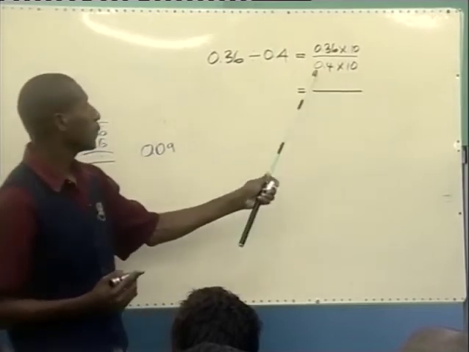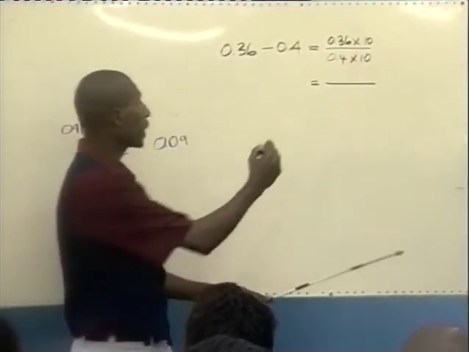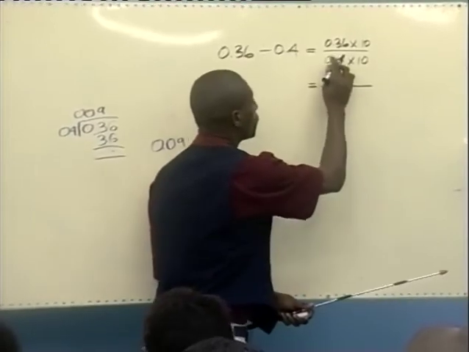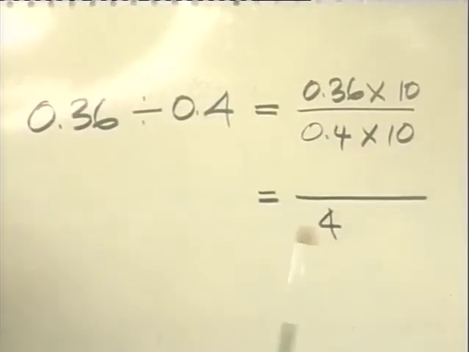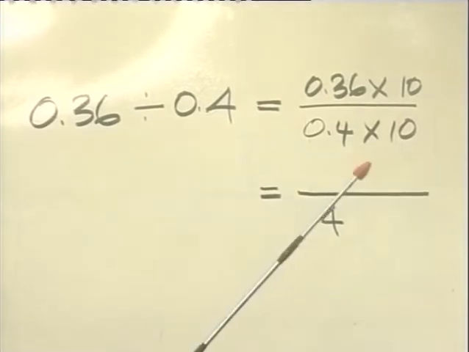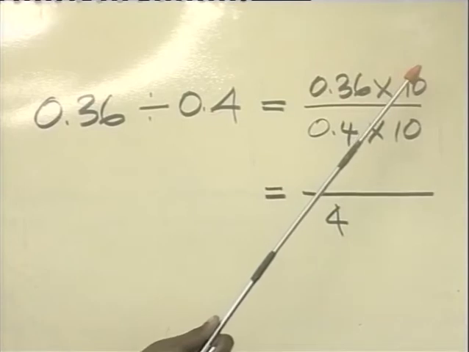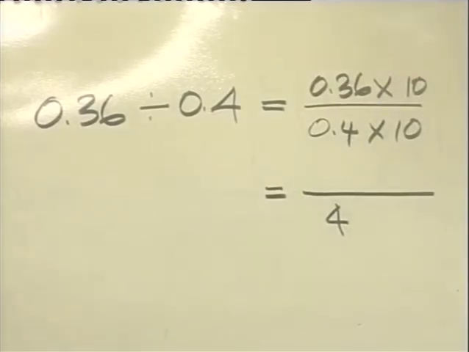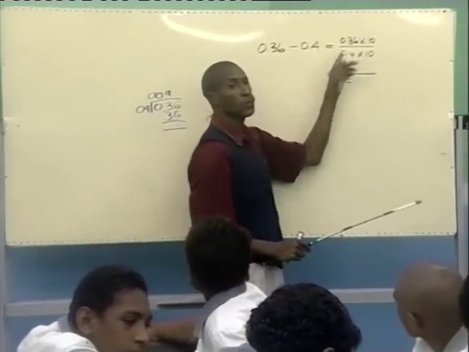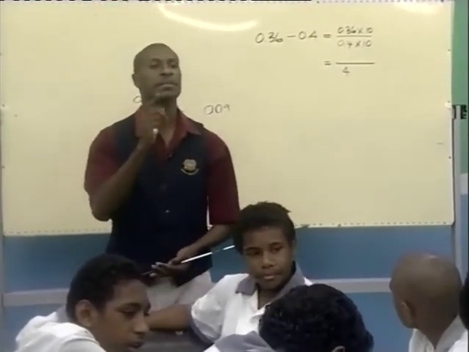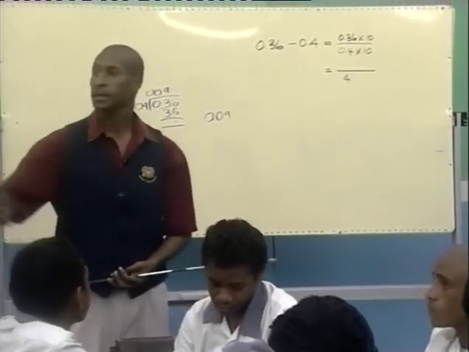So if you move the decimal place one place to the right, you get 4. In other words, if you multiply 0.4 times 10, you get 4. Now, what do you get when you multiply 0.36 by 10? Yes? 36.